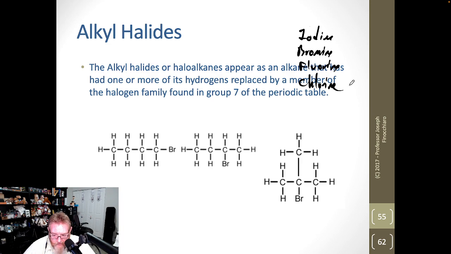Okay? Because you have to be able to identify the halogen, because that's going to make a big difference here. The general formula for these guys is R-X. And how do you know that? Because it's right in the name. You're going to have your hydrocarbon on one side, followed by the name of the halogen.